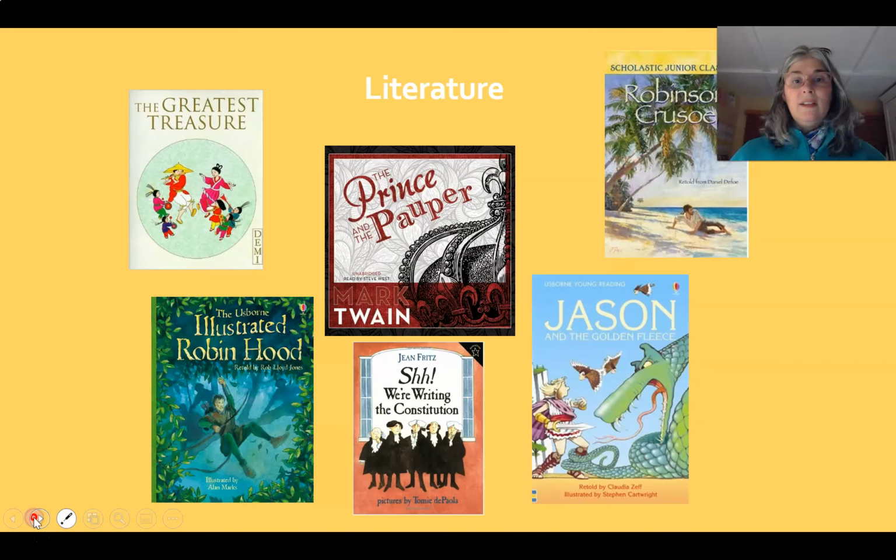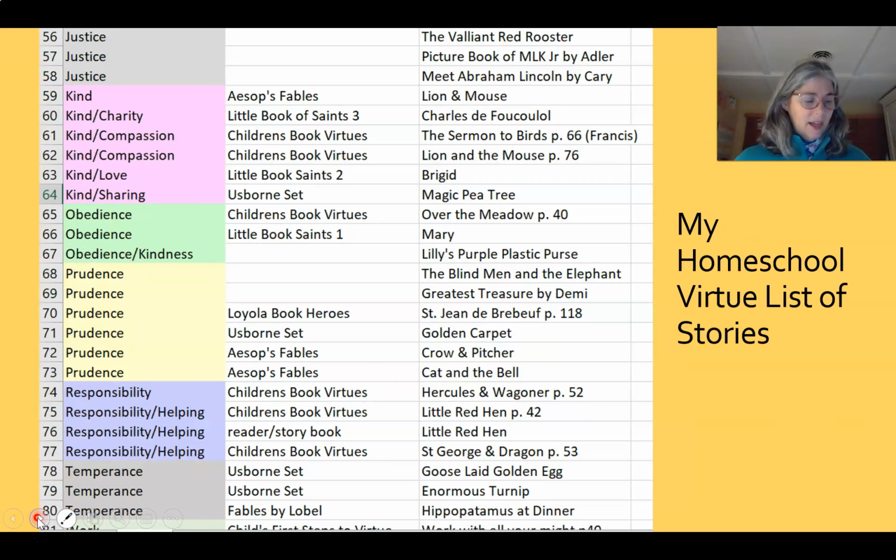So, here's some other examples of different pieces of literature that you can use for this type of model. There are also, like I said, great books out there that will help you connect pieces of literature to different moral stories. Here's something I wanted to show you. This is actually from an Excel spreadsheet that I use for homeschool right now for my daughter who's in 2nd grade.